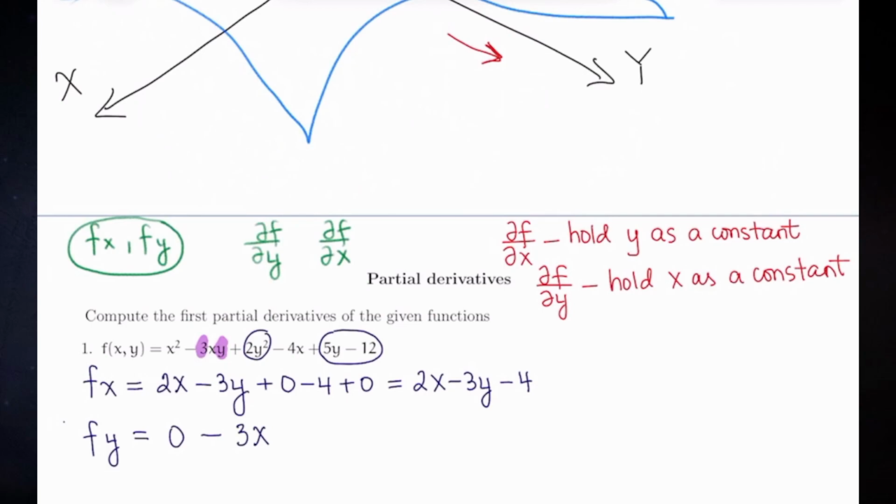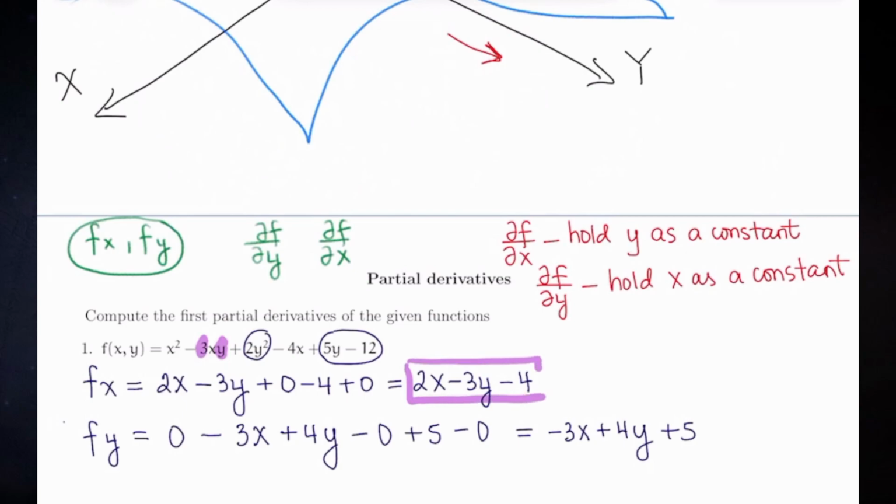Now this is a function, so this becomes 4y. Negative 4x, that's 0. Plus 5y, the derivative here is 5, and then another 0. Let's clean this up. So this will be negative 3x plus 4y plus 5. So this is my first derivative with respect to x, first derivative with respect to y.